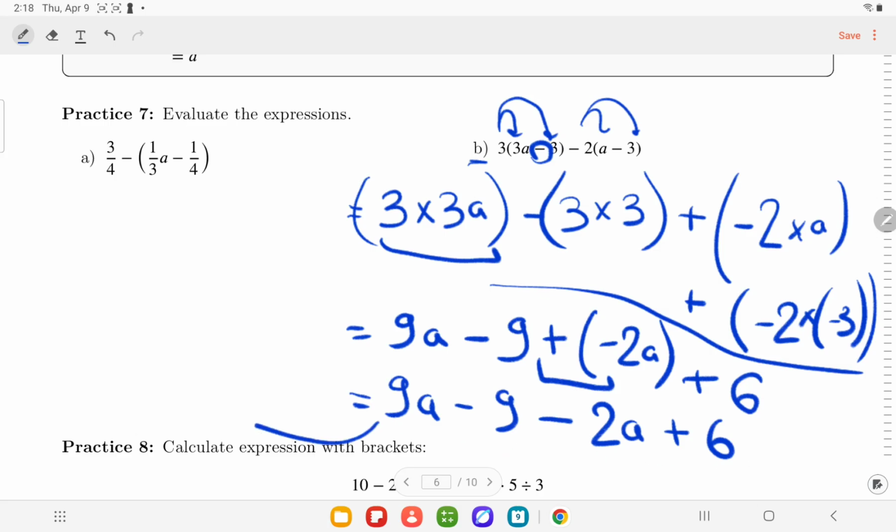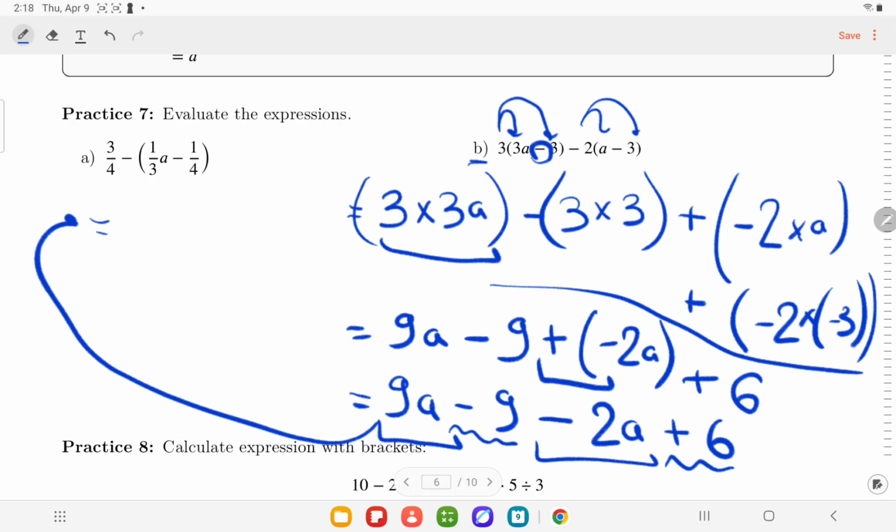And move over here. We can see that 9a and negative 2a both have a in it, and so they're like terms. And then negative 9 and positive 6 are also like terms, so we can move those together.